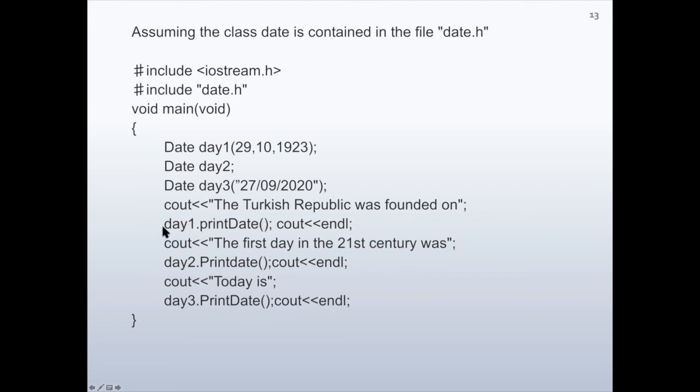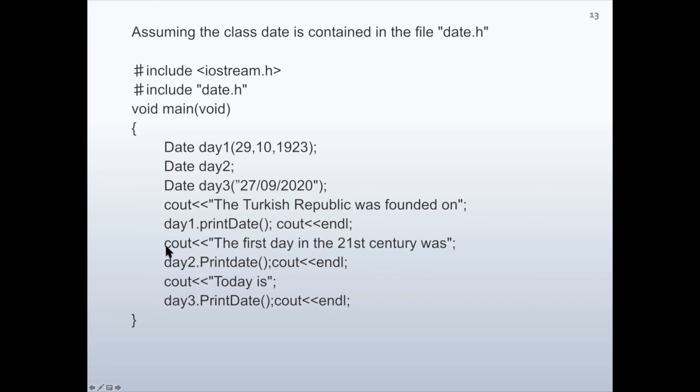And here, notice that on day1, the print date function is called. And then continue, again there is a separator, continue with the cout statement, cout endl. So this will output this string, and then on the same line it will continue with the print date. The date will be outputted, and then on the same line it continues, and by this endl it will pass to the next line.